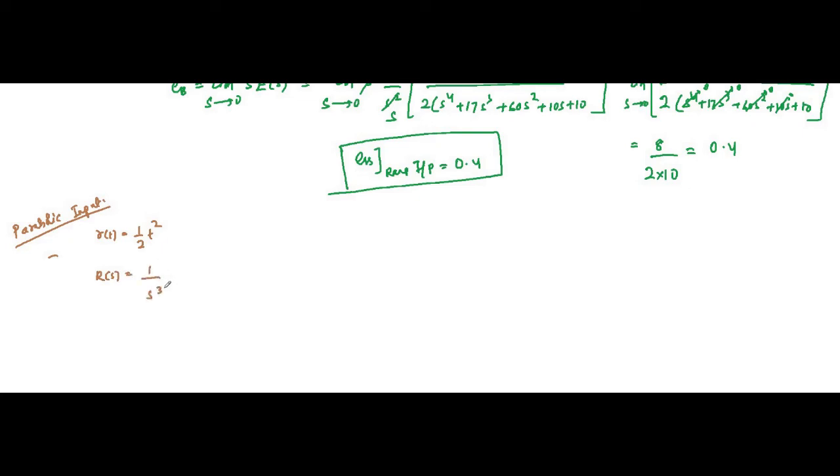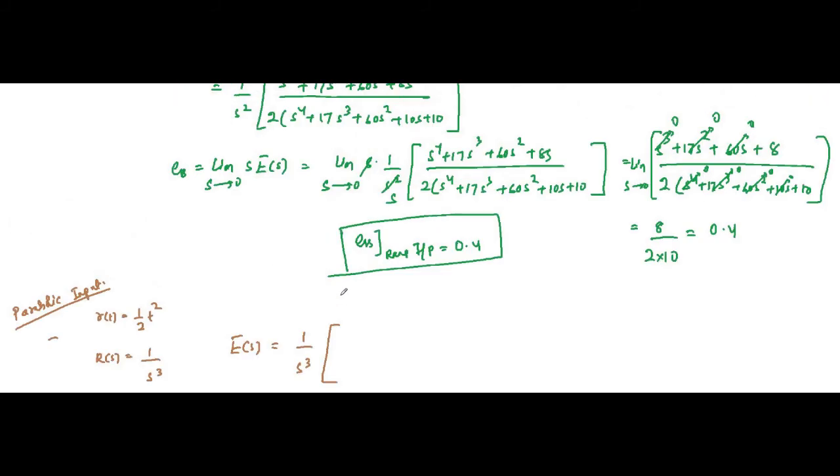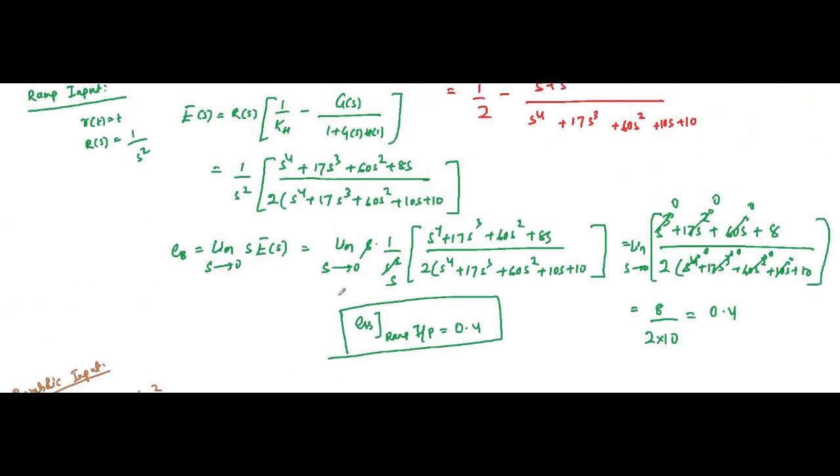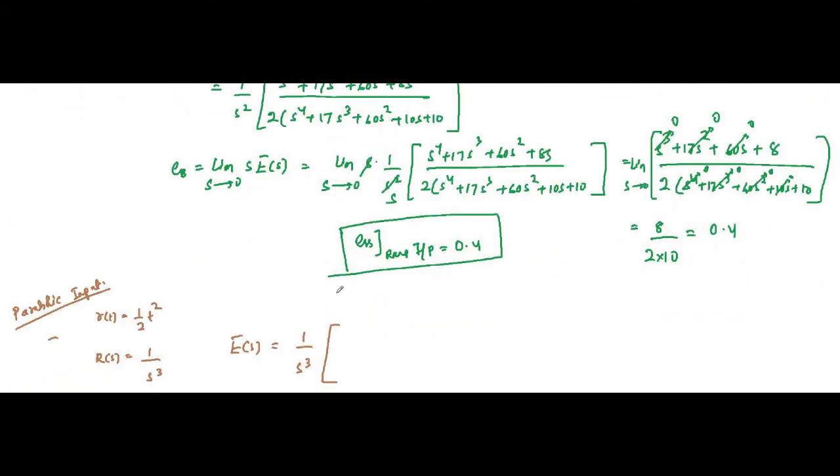So here it becomes E(s) is equal to 1 by s cube into this much, (s4 plus 17s cube plus 60s square plus 8s) by 2 into (s4 plus 17s cube plus 60s square plus 10s plus 10).